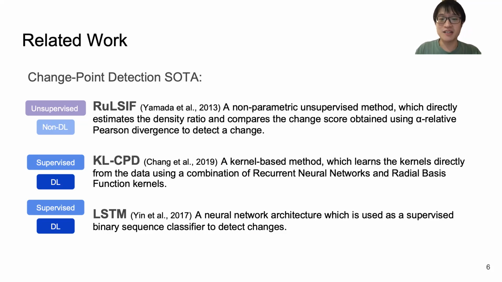KLCPD is a kernel-based method which learns the kernels directly from the data using a combination of RNN and RBF kernels. And LSTM is a famous neural network architecture, which is used as a supervised binary sequence classifier to detect changes.